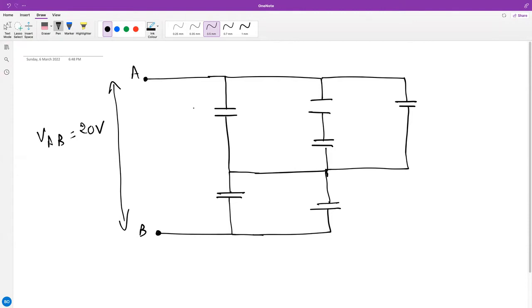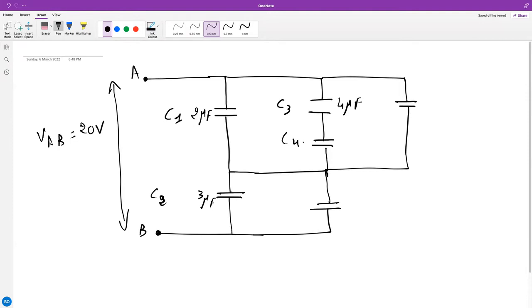Here we have 2 microfarad, which I will call C1. This is how I called it in the previous exercise. This is C2, and this is C3, which is 4 microfarad.